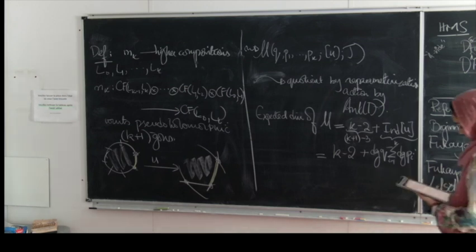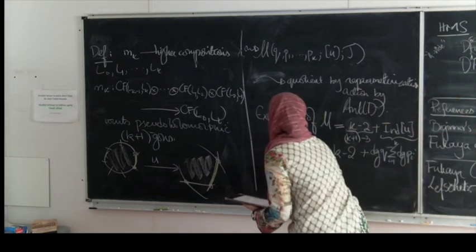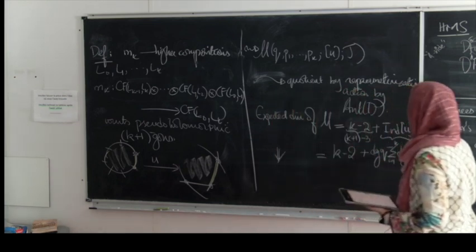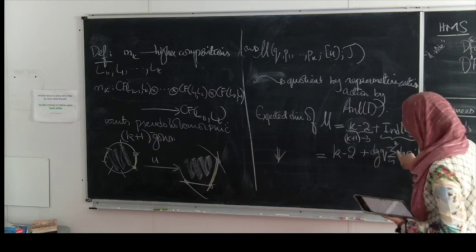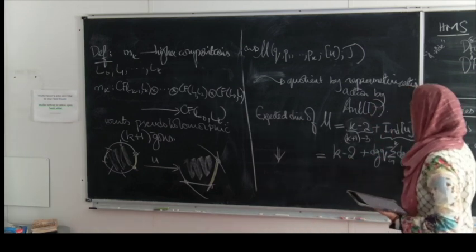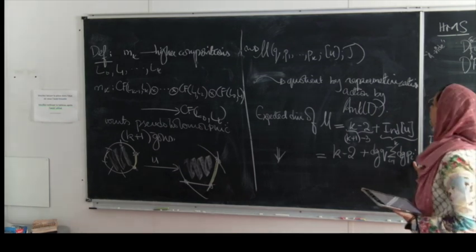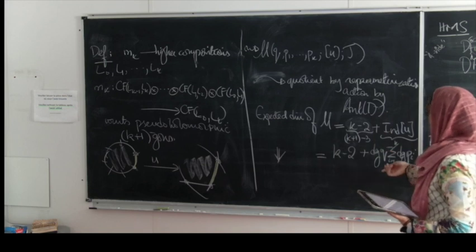Okay. So this means that if you consider all disks of the right index, then this expected dimension comes down to 0, and after a compactness step, you should be able to count.